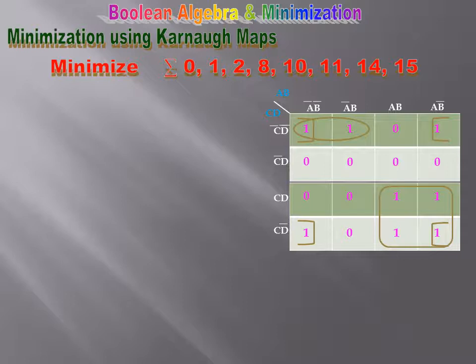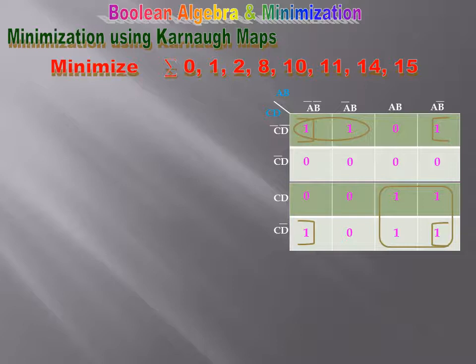In the corner chord, C and C not go in the rows and A not goes, so it will be B not, D not.